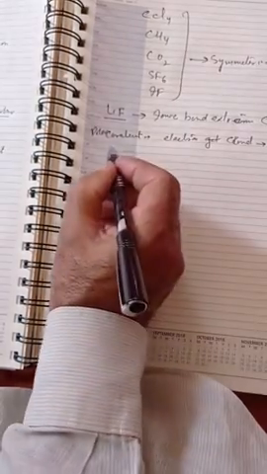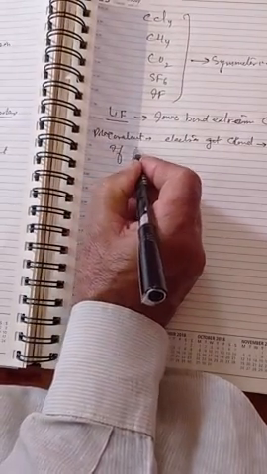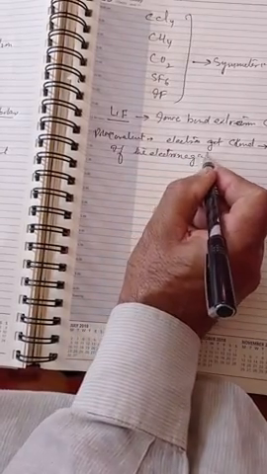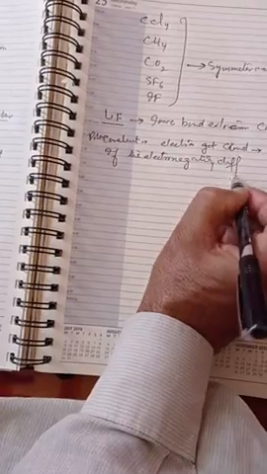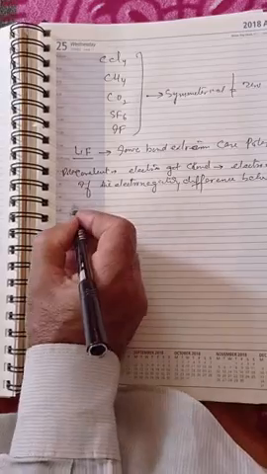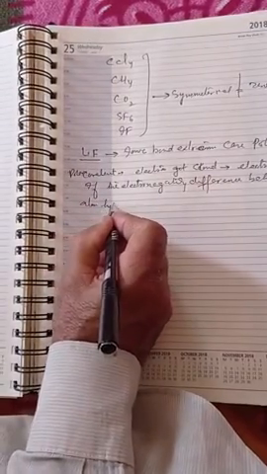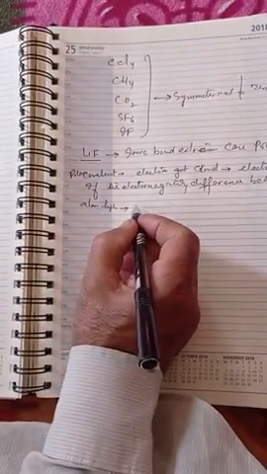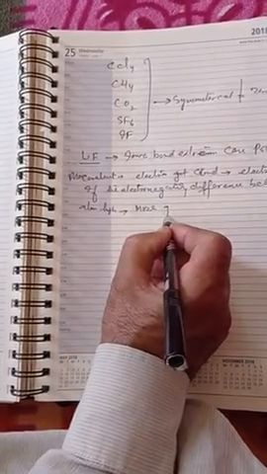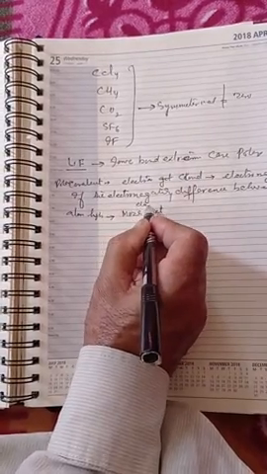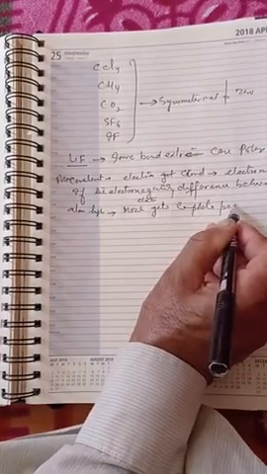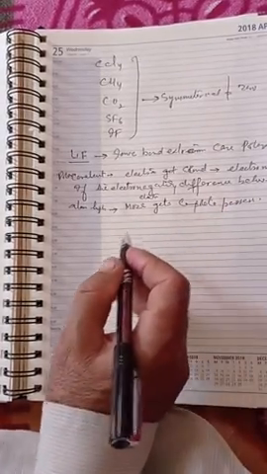If the electronegativity difference between the two atoms is high, then it seems that the more electronegative atom gets complete possession of the electron pair. So as a result, it seems that electrons are transferred.